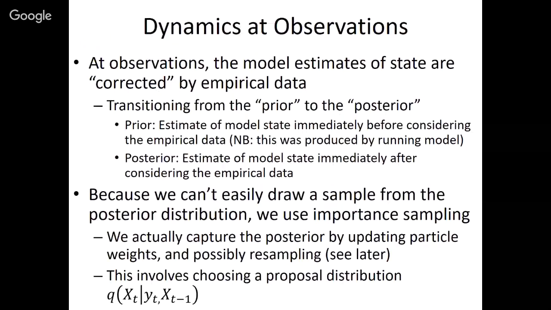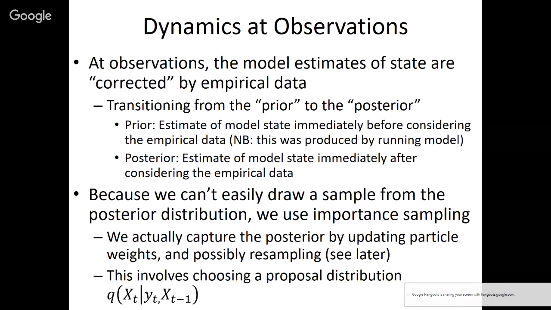At the observations themselves, we're going to correct the model estimates of state by the new empirical data. So here we're going from a prior to the posterior. The prior is the estimate of model state before considering this new data, and the posterior is going to be the estimate of the model state after considering this empirical data.